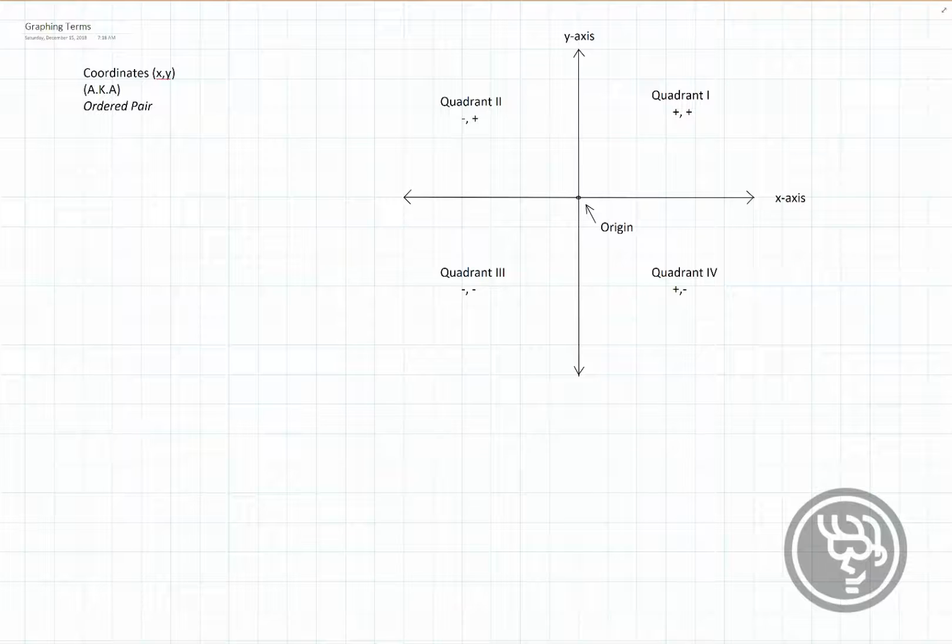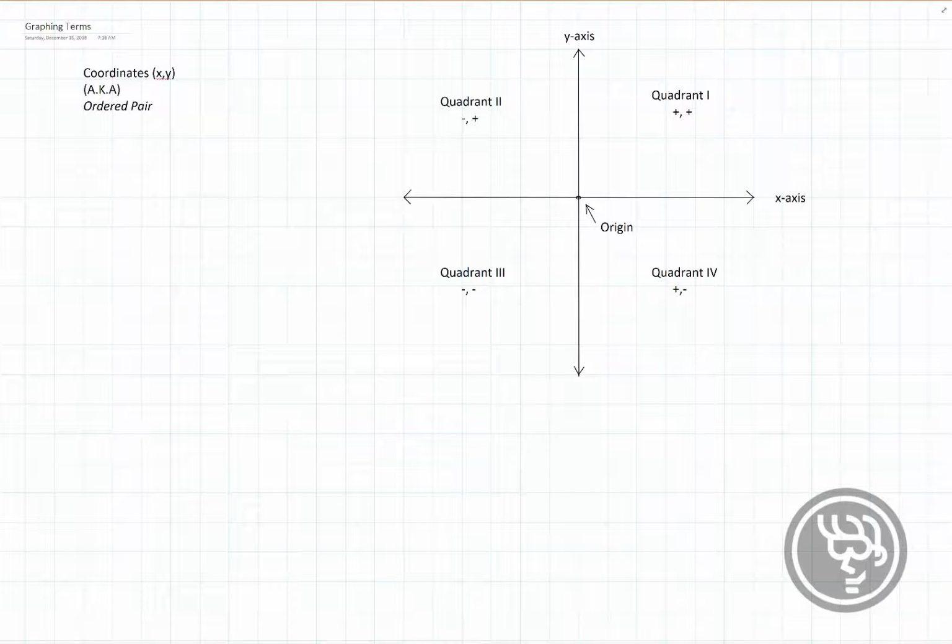In the center where they meet, we call that the origin. And when you do this cross, the four different squares created by the graph or the cross are called quadrants: quadrant 1, 2, quadrant 3, and quadrant 4.